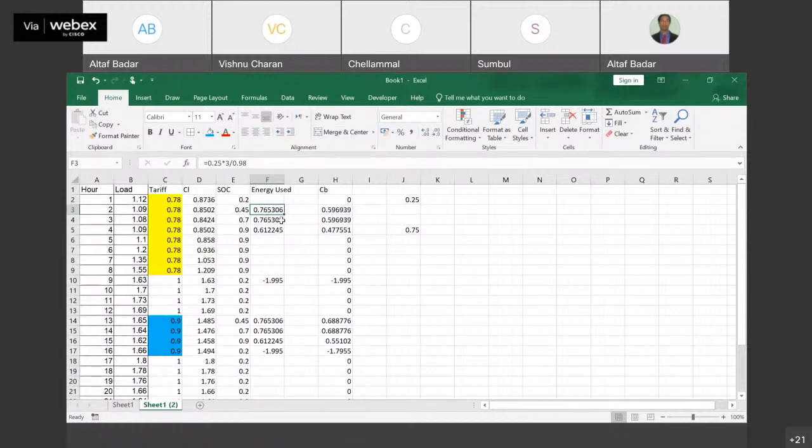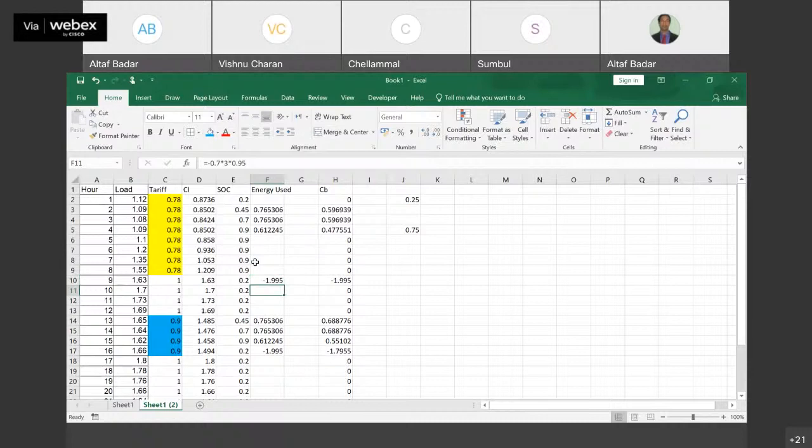So this is the energy used for charging the battery in these 3 hours. It gets discharged in 1 hour, and this calculation I have multiplied by 0.95, not divided by. So this is discharging efficiency. And I have taken it as negative because I am basically saving that much of money.